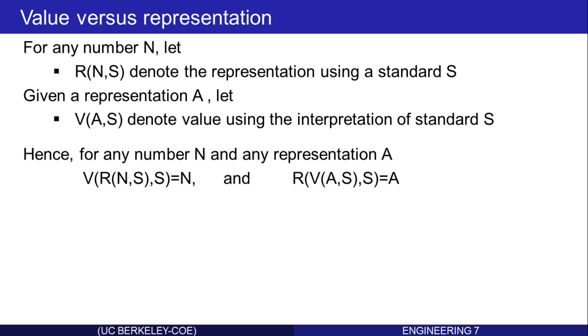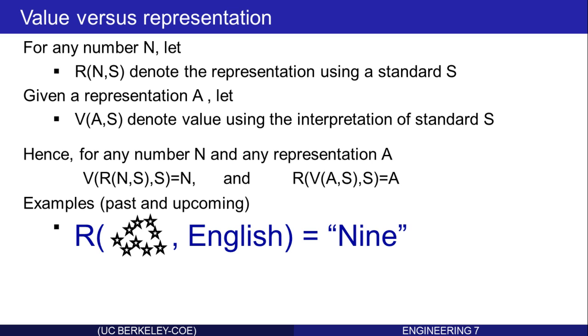And the converse, for a representation A, converting it to a value using a standard, and then converting that value back to a representation using the same standard should yield the same representation. Here's some examples, kind of an abstract one. If we interpret the picture of stars as an intrinsic way of representing what we call 9 elements, then that is a number, and R of that number in the standard English is the word 9.